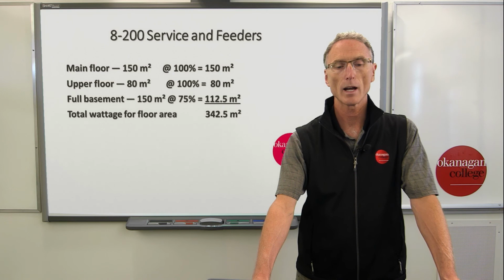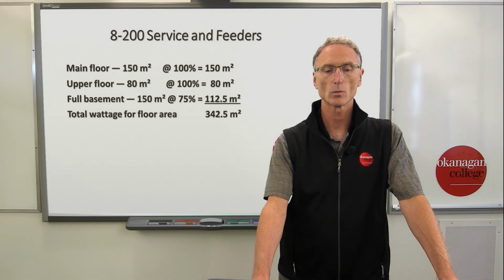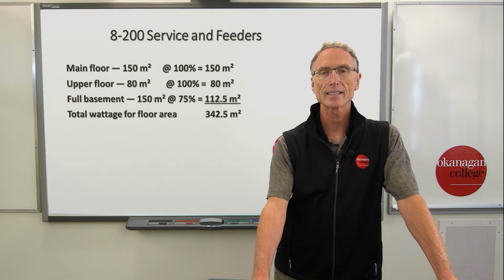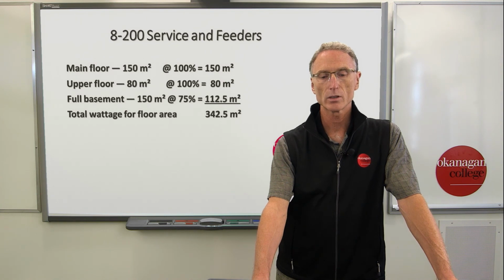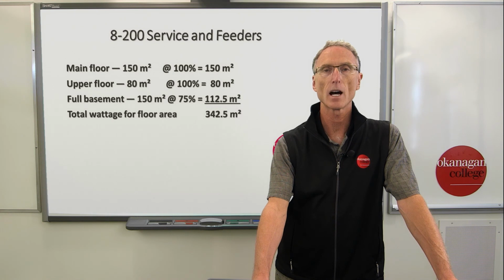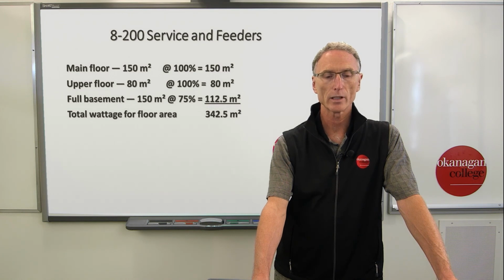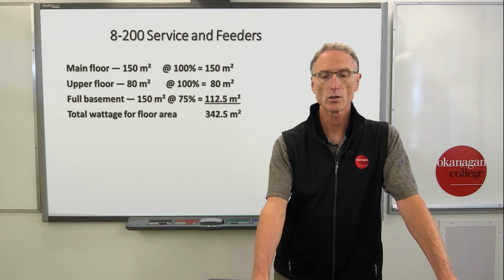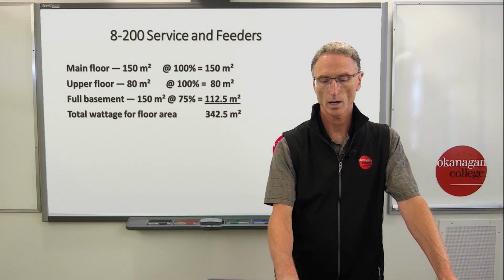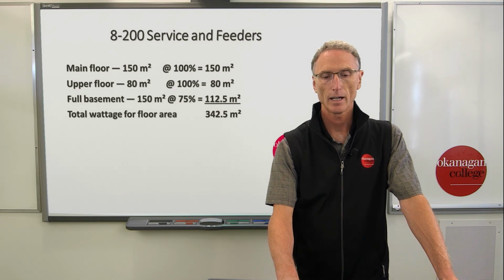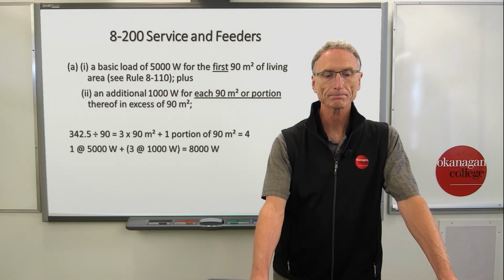So that means we're going to apply the main floor dimension, which is 150 meters, at 75%, which gives us a total on the basement of 112.5 meters squared. So we add up all those dimensions, main floor, upper floor, and basement, and we come up with a total area for our wattage calculation for this portion of 342.5 meters squared. So let's take that to the next step, shall we?